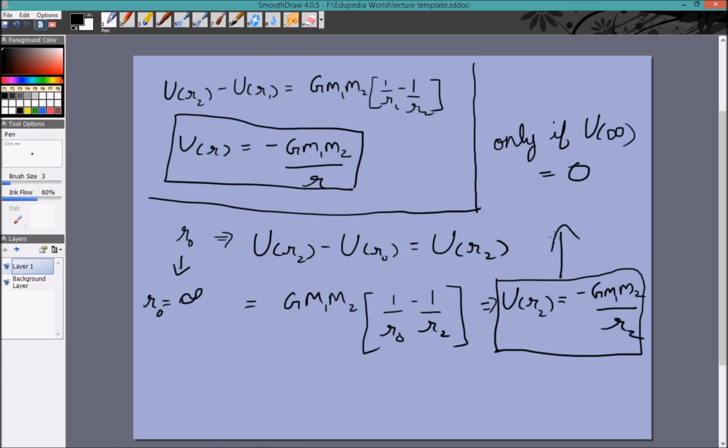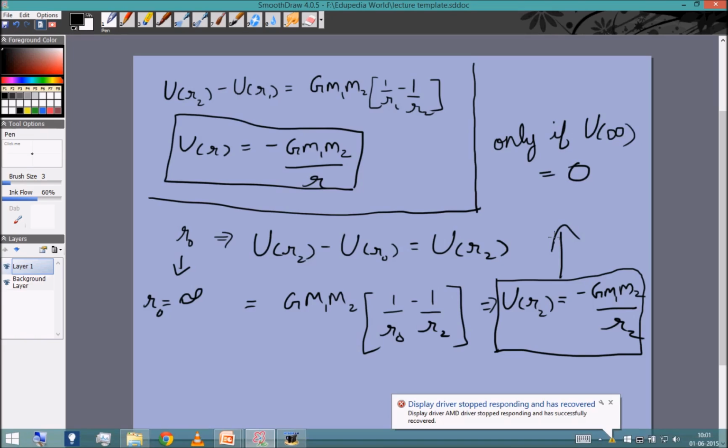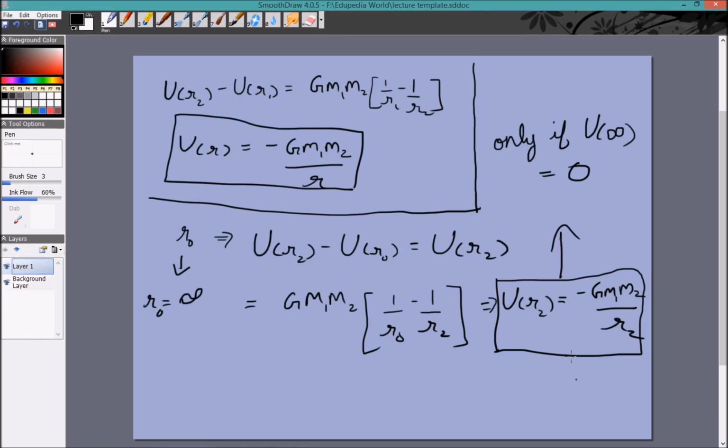For example, let's say the potential at infinity is taken to be 0 and the potential at a particular point is minus 5. In that case, if I take the potential at infinity to be 10, then the potential at every other point in space will simply be increased by 10. It will not change the difference between the potential energy at any two configurations, which is the only thing that ever matters.